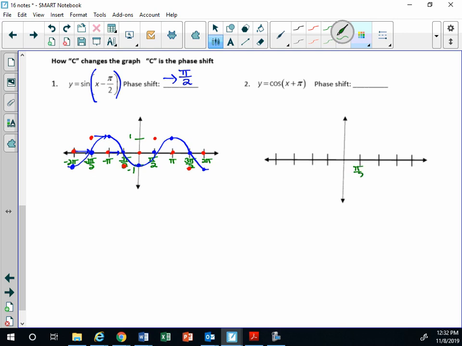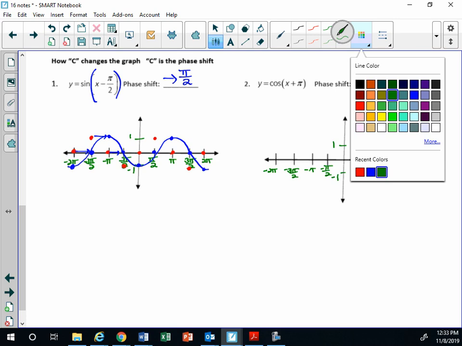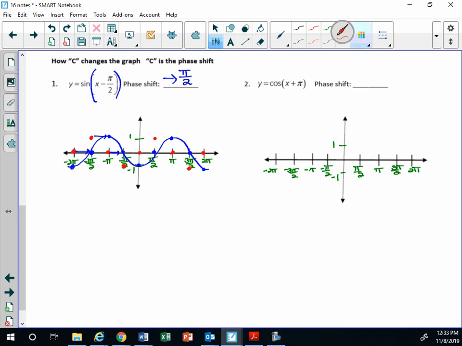Same labels. Okay, guys, so what parent graph am I sketching first?